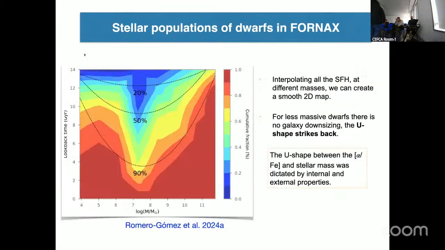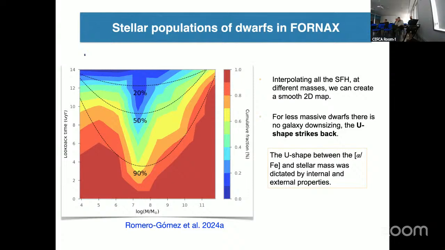Let's see if I can explain and you understand. So we can collapse and interpolate all the galaxies that we have. And here I show you the look-back time of the star formation histories as a function of the mass. And I represent in colors the cumulative fraction.